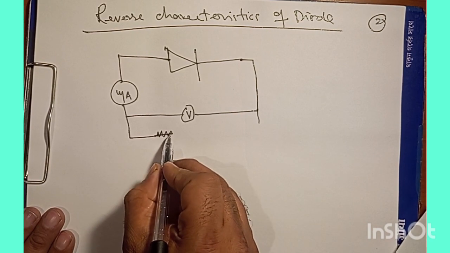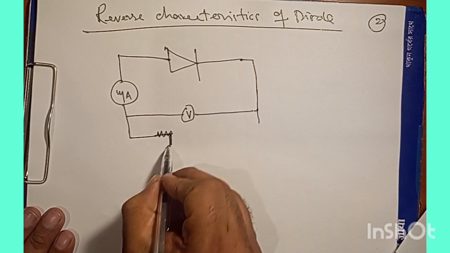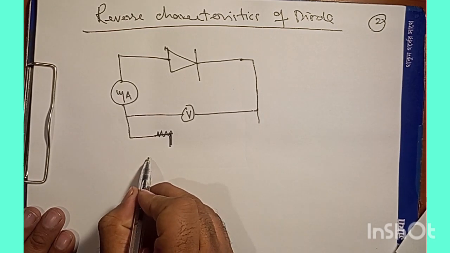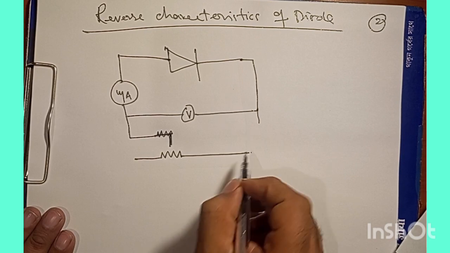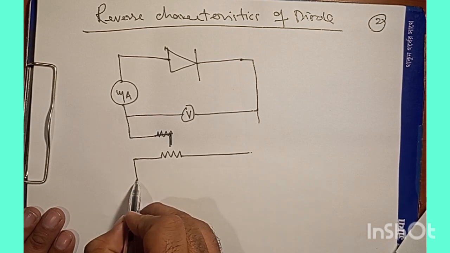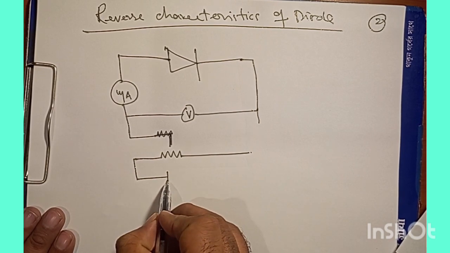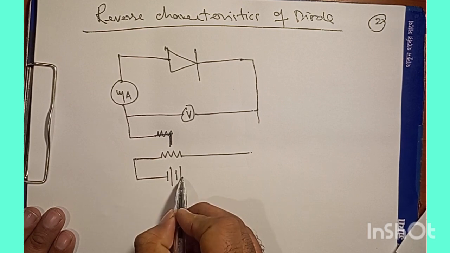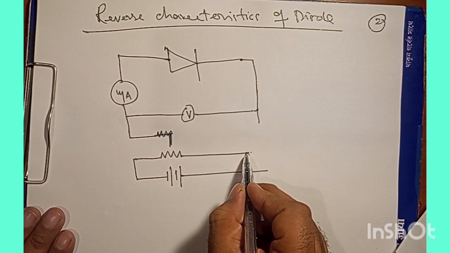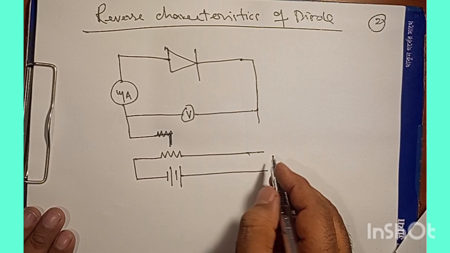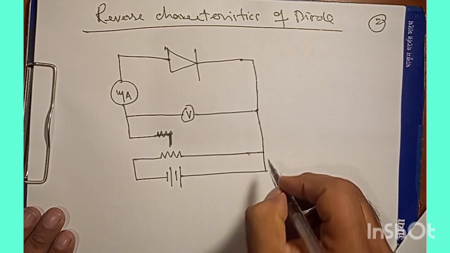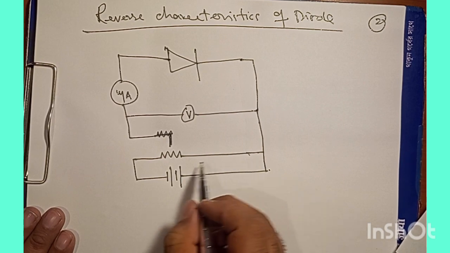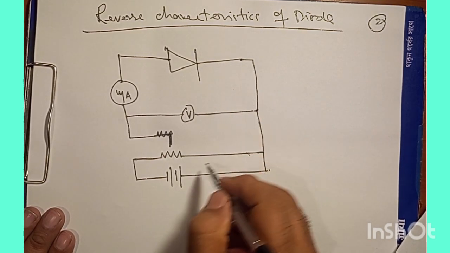Let it go the way we showed it in the previous diagram. So we have a situation like this, and a battery, with the negative terminal connected to the P side, and the positive terminal connected to the N side.